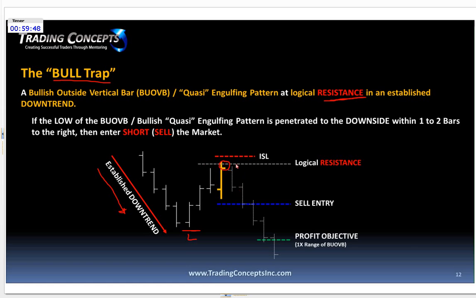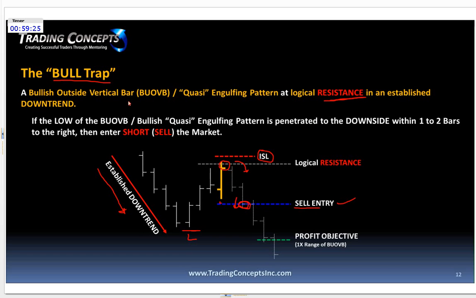If the market happens to reverse and it actually takes out the low of the bullish engulfing pattern within 2 price bars, boom, right in here where I'm circling, that is an automatic entry. You're short right here, and you immediately place your ISL, your initial stop loss, above the high of the bullish engulfing pattern, which I like to call the bull trap.